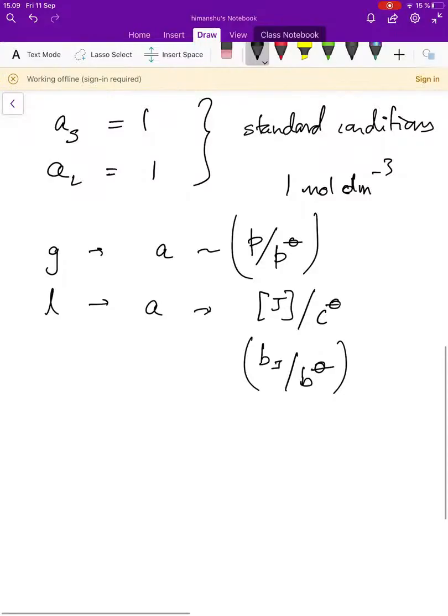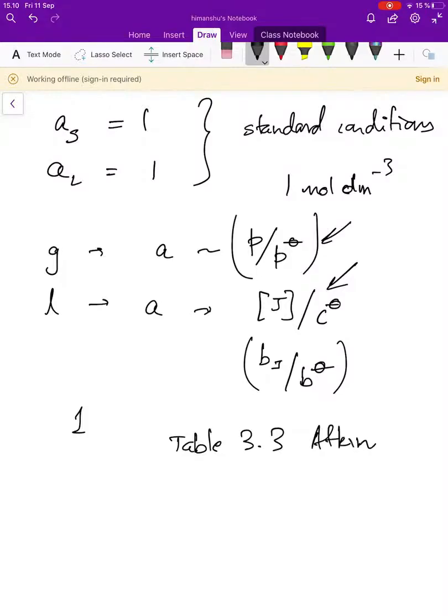In all cases, the activity is a dimensionless number. And just to repeat, in case of gases, it is the partial pressure. In case of liquids, it is the concentration. For pure solids, the activity is always equal to 1. All this information is contained in table 3.3 in your text in Atkins.